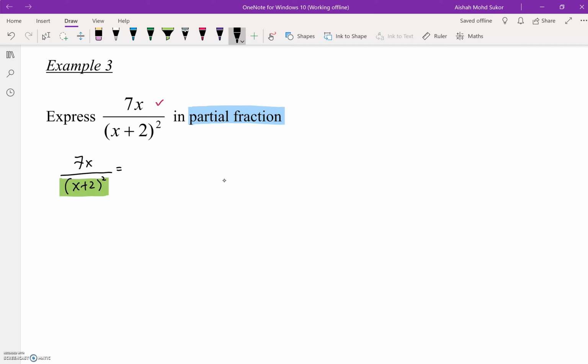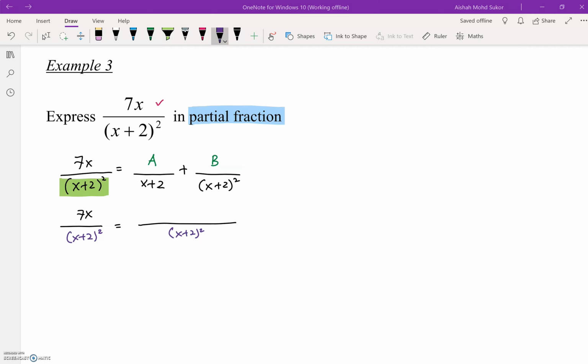For the partial fractions, we write x plus 2 and x plus 2, the whole thing squared. If we have a linear factor or a repeated linear factor, then the numerator will be a constant. Therefore, this will be a constant a and a constant b.